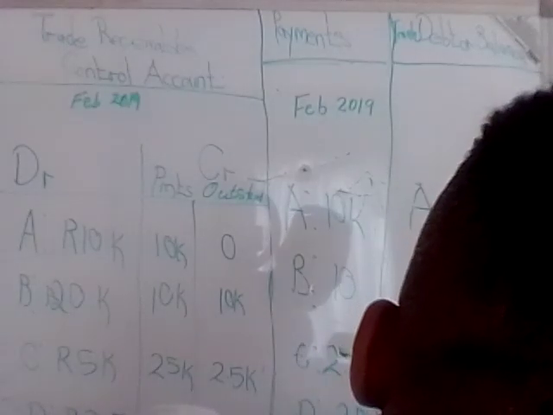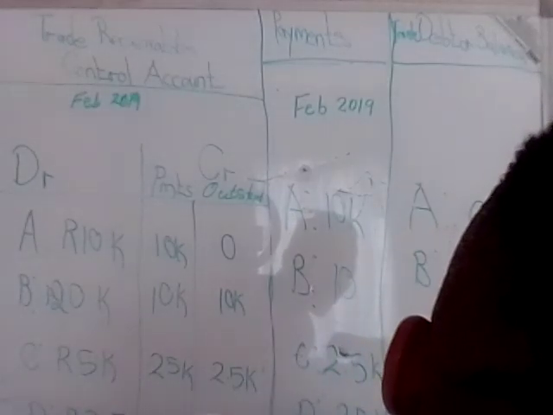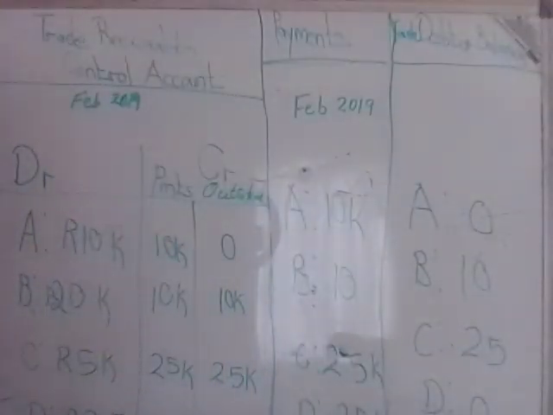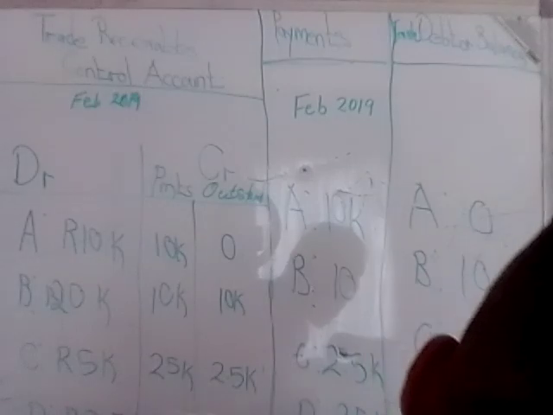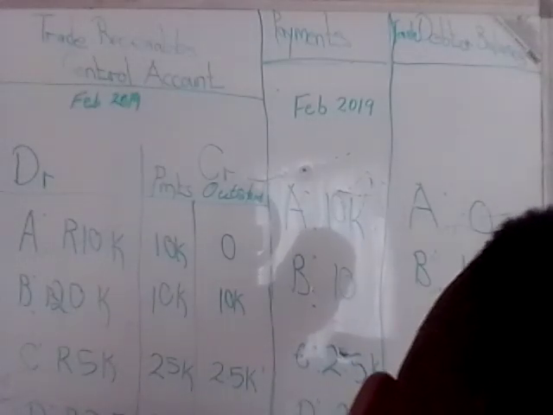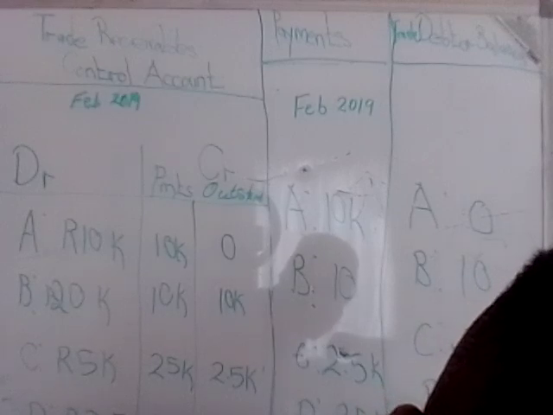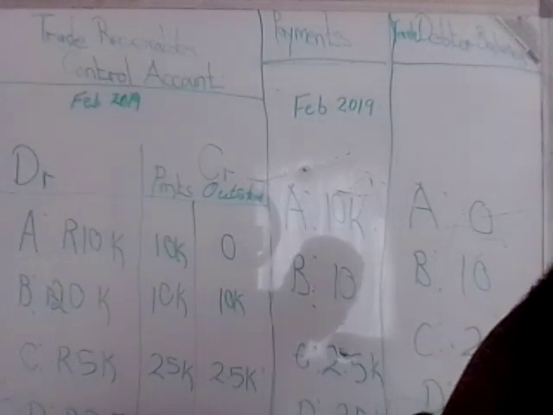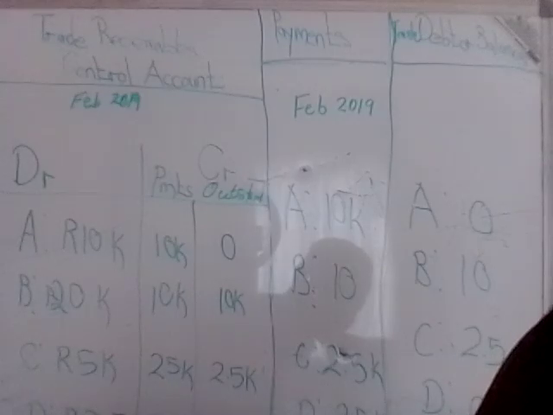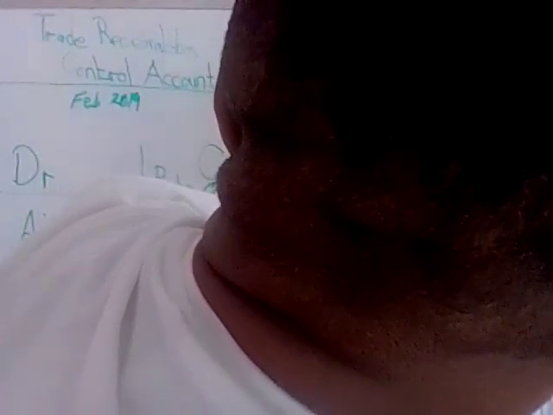And E, we know that he owes us 1.5 because he never paid, as we just figured out on that side. And of course, this is the carry forward balance that we have, which will now be the opening balance of 14,000 rands for the month of March. Okay.